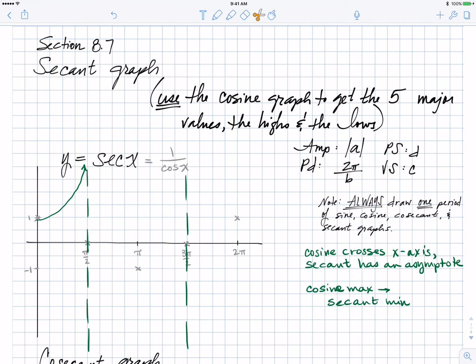Now let's go to the portion between the two asymptotes. Notice this is a cosine minimum. My cosine minimum is going to become a secant maximum. Cosine min becomes a secant max.